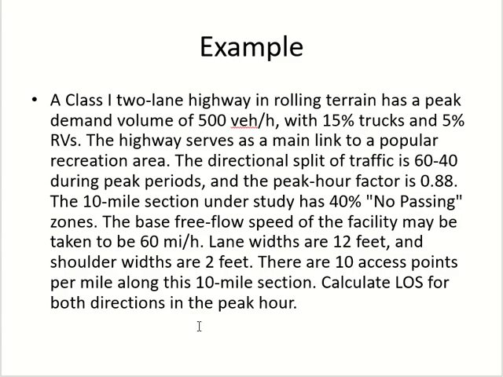Now we will do this example. We have a class 1 highway, rolling terrain, total volume 500, 15% trucks, 5% RVs.